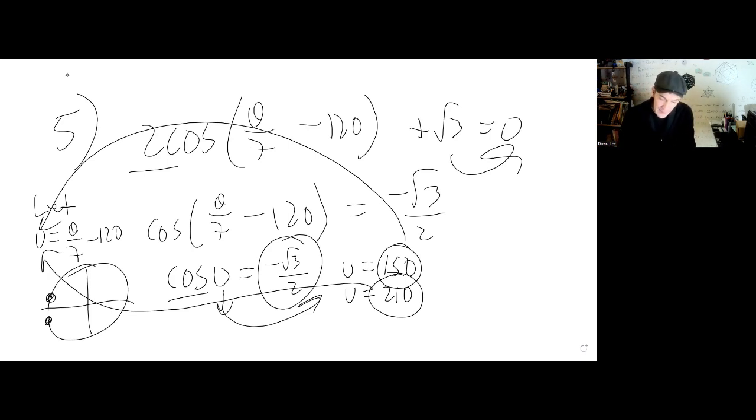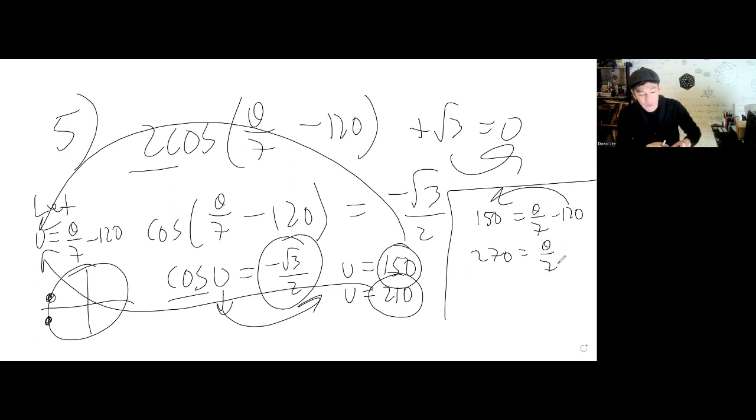Let's find them both. So one case would be 150 equals theta over 7 minus 120. Let's solve that case. Add the 120 to the other side. You get 270 equals theta over 7. Multiply both sides by 7. Theta equals 1890. And then do the other setup.